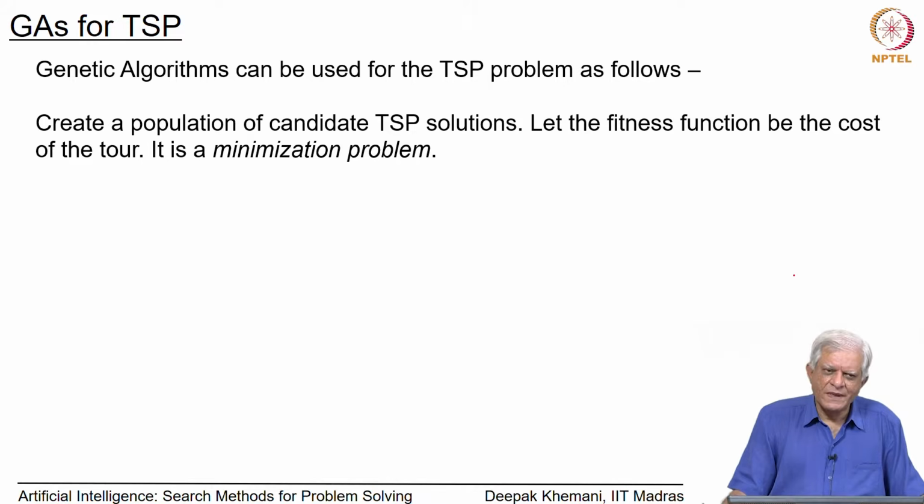So, one thing you could do is take the cost of the tour and subtract it from some large constant, and the difference would be a maximization problem, but that is besides the point. As long as you take care that the fitter candidates get greater chance for selection, the algorithm should work fine.